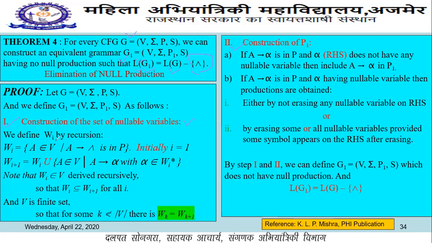This is constructed recursively by using the set Wi, that is the set of all nullable variables in a given grammar.